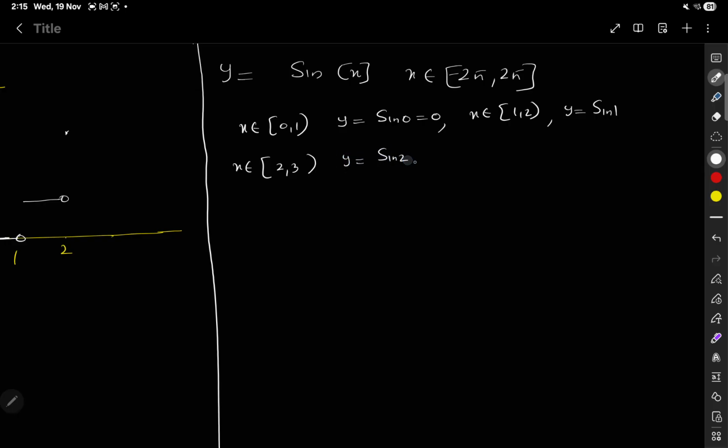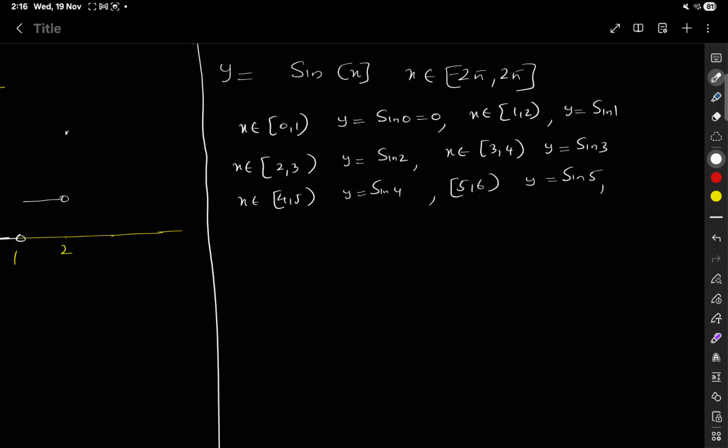So it will be sine 2. When x belongs to 3 to 4, y equal to sine 3. Then 4 to 5, sine 4. Then 5 to 6, sine 5. And 6, it is sine 6. Like that you get.